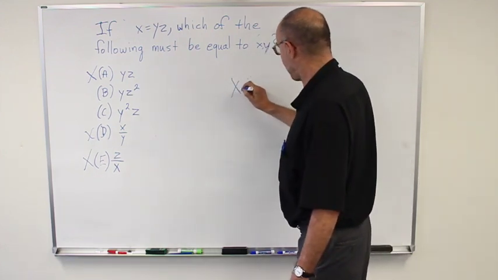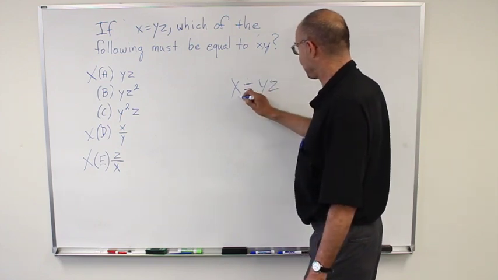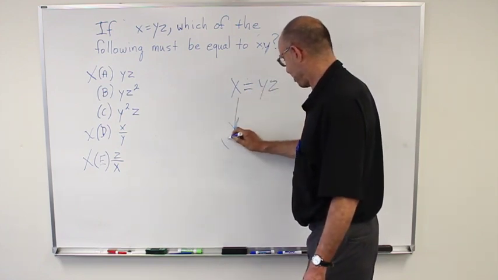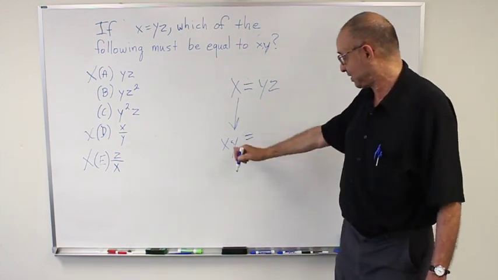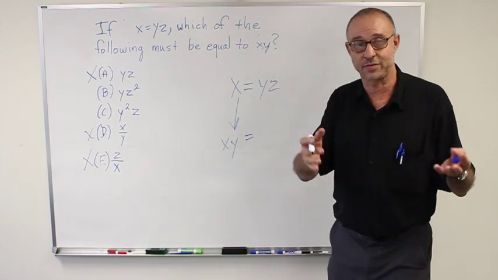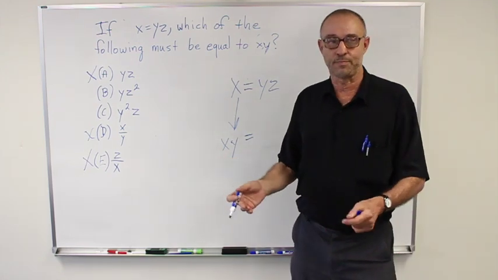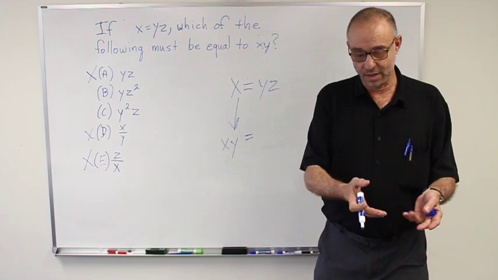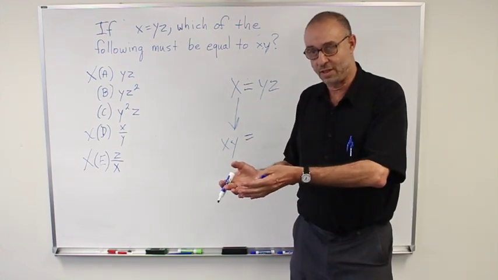And we already know what the value of x is. And we are asked to find what the value of x times y is. And in order to get from x to x times y, what did I have to do? I had to multiply by y. When you have an equation, whatever you do on one side of the equation, you do to the other side, and you still have an equation.